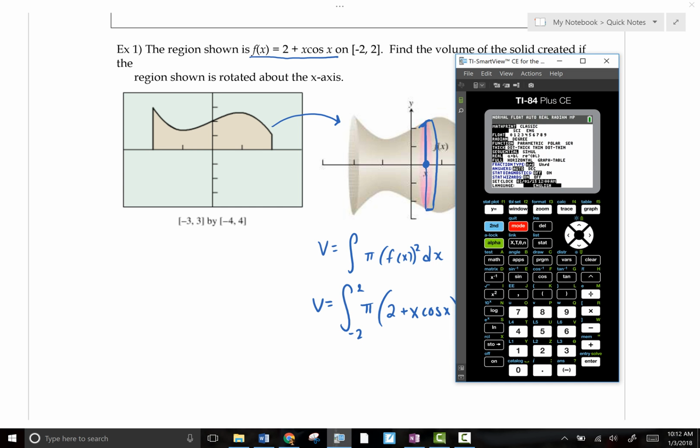So I'm going to pull up the calculator, and I am going to math 9, the integral from -2 to 2 of pi times (2 plus x cosine x) squared dx, and get a volume of 52.428.